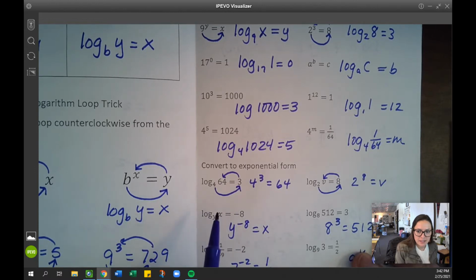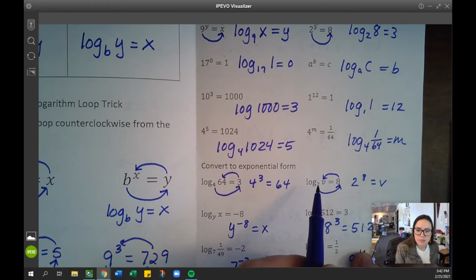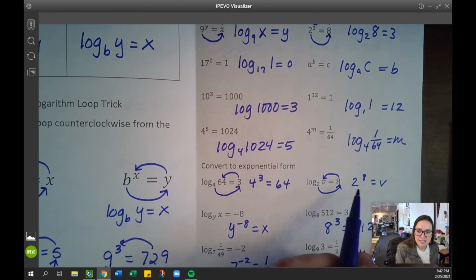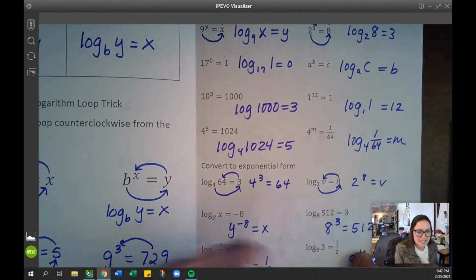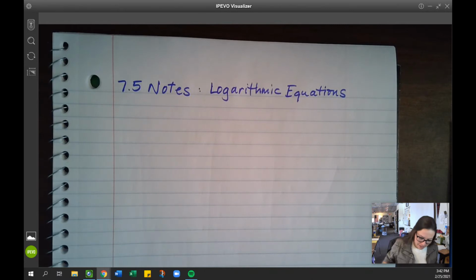And we practiced that in our previous class. So same thing here. Log base 2 of v equals 8 is the same thing as saying 2 to the 8th equals v. And this idea is going to be really important for us in this next example.